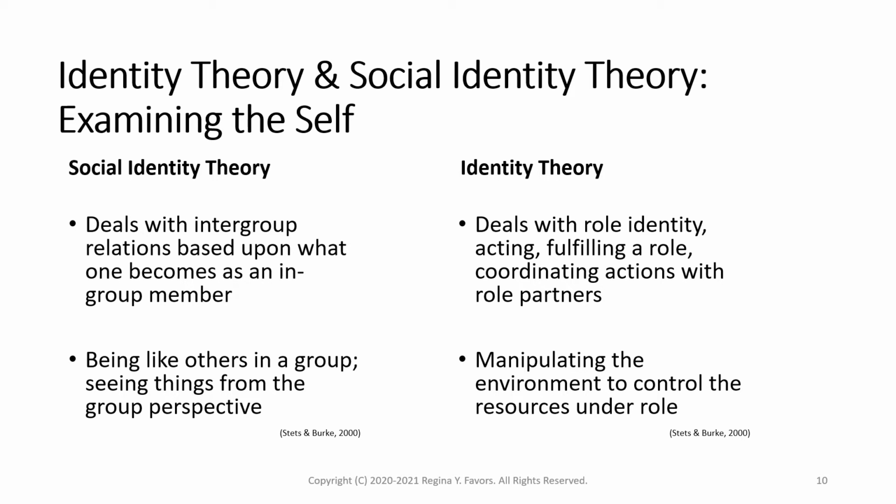So I was on student government council at my college. And so there's a way that you function as part of a member on student government. You could be a member, or you could be a group that is representing as a member on the council, right? So there's intergroup relations based upon what one becomes as an in-group member.